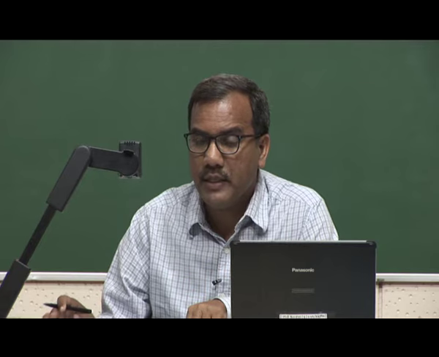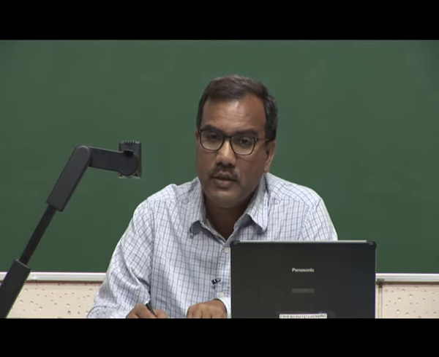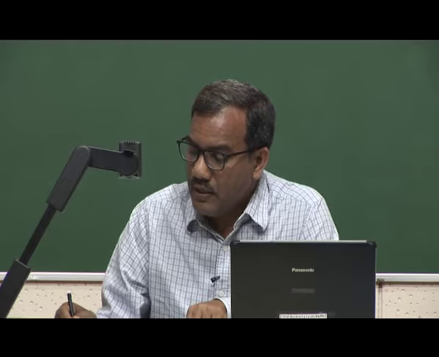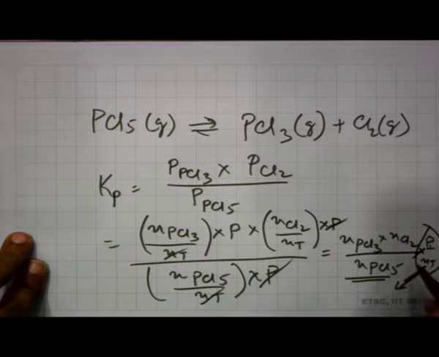So this must increase to compensate for your Kp. To keep Kp constant, this value should increase since P by Nt is smaller. This will only increase when N PCl3 and N Cl2 increase. It means the reaction goes towards the forward direction.